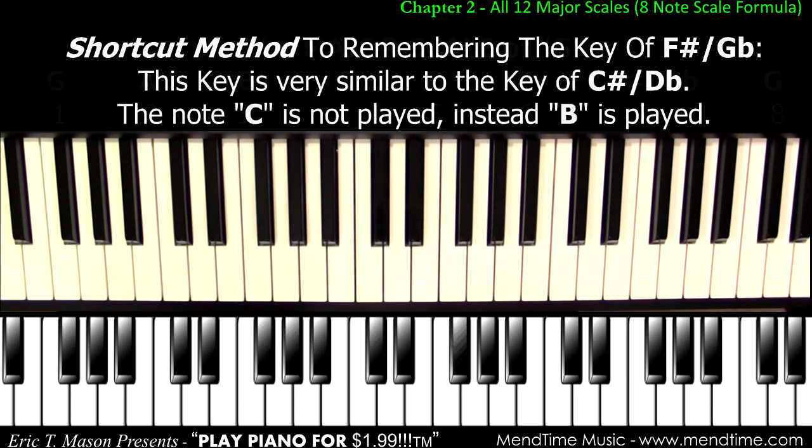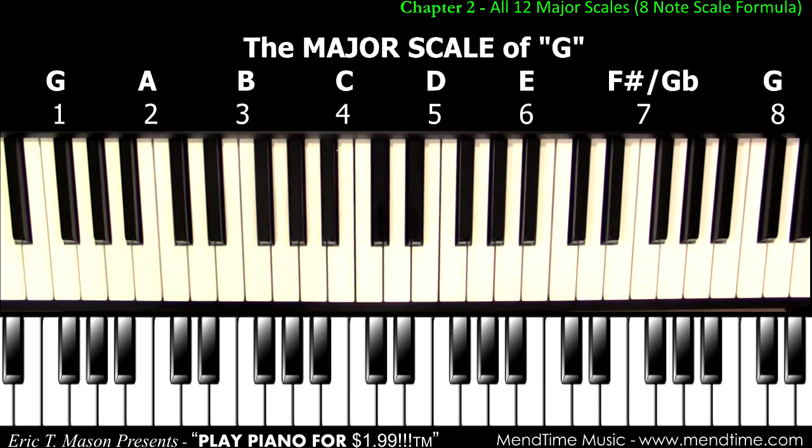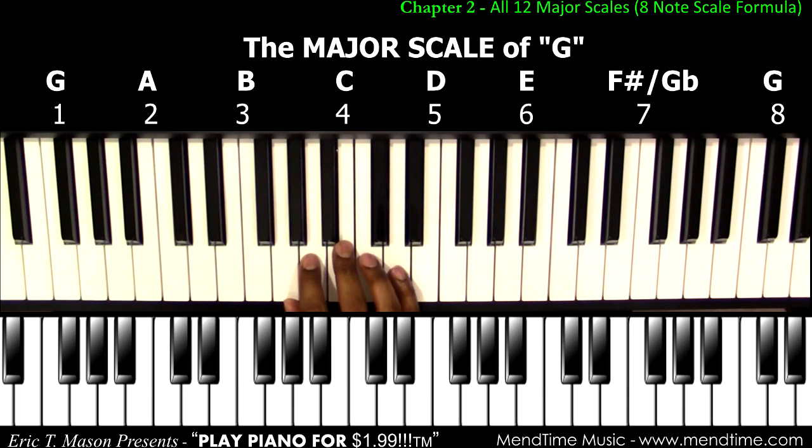Alright, next we're going to the key of G, as we just mentioned. We're going to advance this a bit, and I'm just going to play this again twice with my right hand, and you're going to call out the notes and see if you can get it.